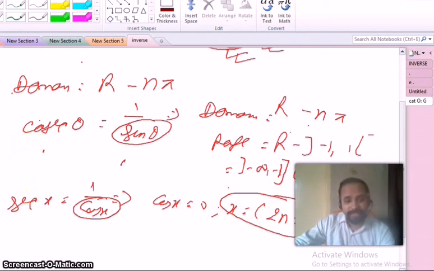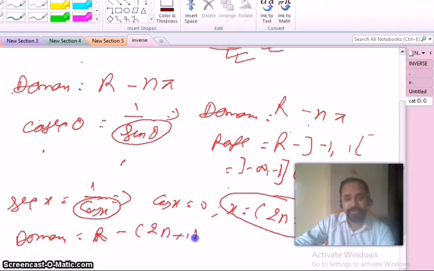That means the domain of sec theta is all real values except these values where cos theta becomes 0, that means (2n plus 1) pi by 2.